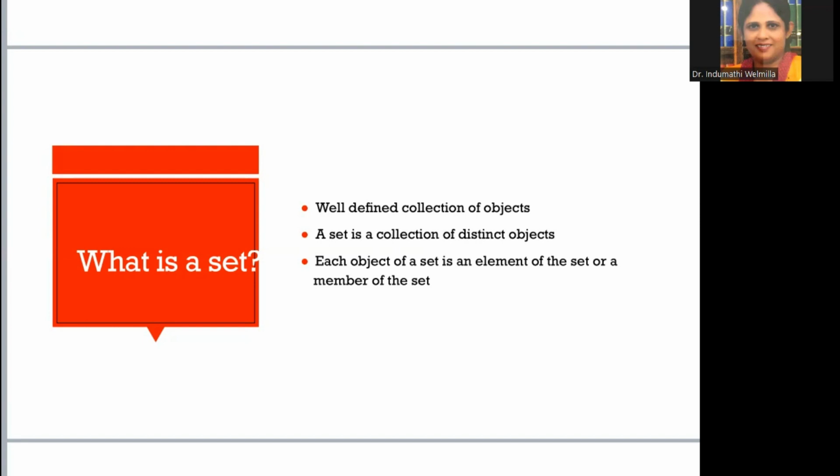In set theory, you will next learn about sets and their properties, because it was developed to describe collections of objects.